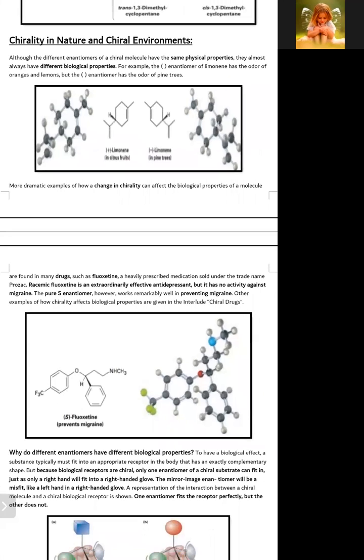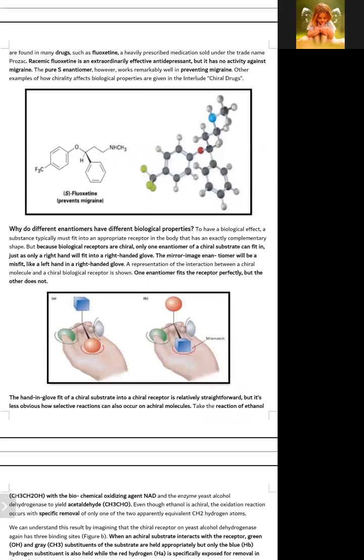More dramatic examples of how a change in chirality can affect the biological properties of molecules are found in many drugs, such as fluoxetine, a heavily prescribed medication sold under the trade name Prozac. Racemic fluoxetine is an extraordinarily effective antidepressant, but it has no activity against migraine.